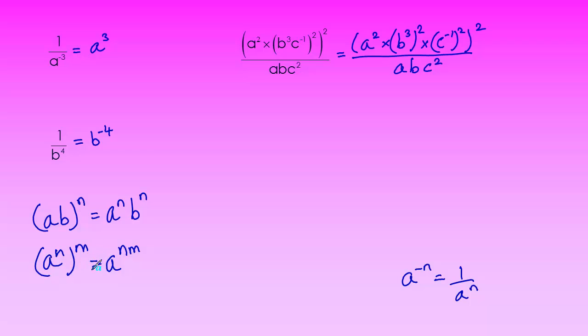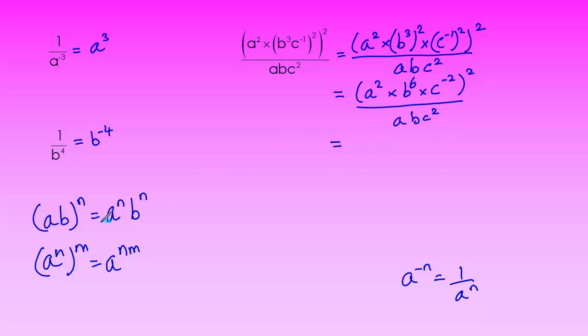Now we can apply this index law just here and here, and we get a squared times b to the 6 times c to the negative 2, all of that is squared, all over a, b, c squared.